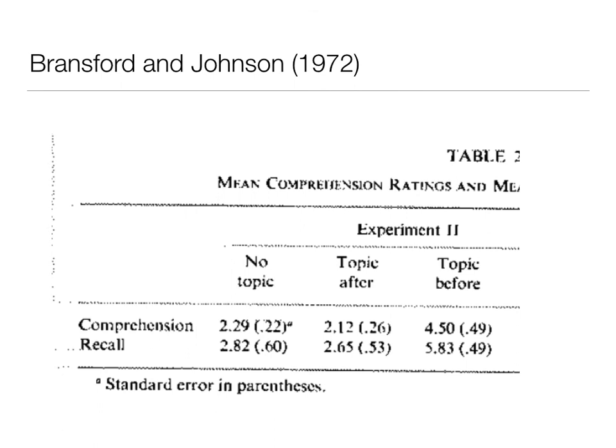So we see that in terms of recall, students that got the topic before remembered about 3 more items than students that got the topic after or got no topic. So this is a study that we somewhat replicated in our class. And it's also a study that's been replicated again and again since it was originally done in 1972.